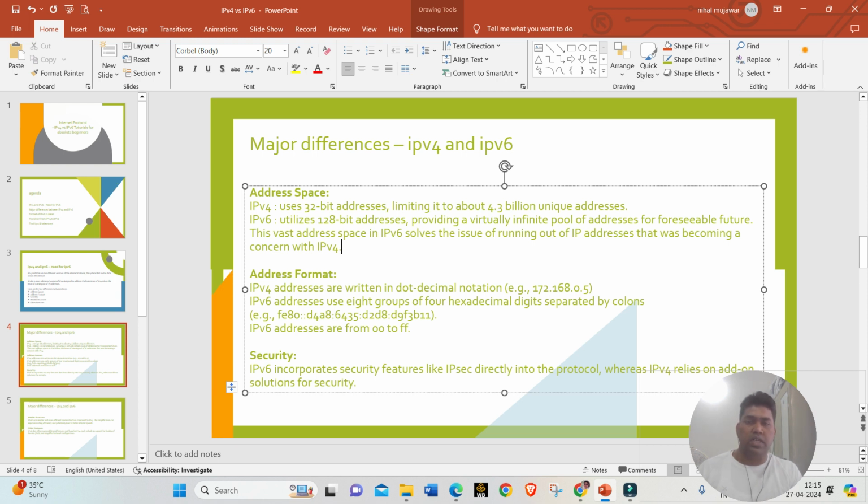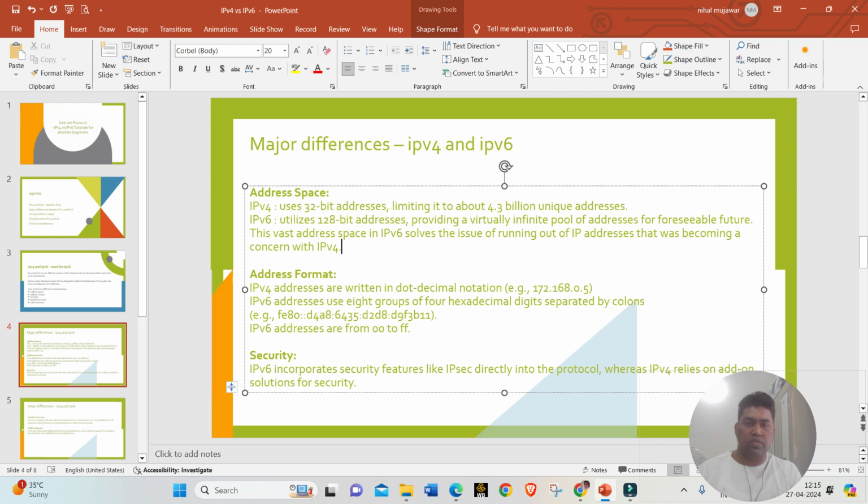Our devices inside the organization normally have private IP addresses. For a group of IP addresses, say 10 or 12 or 15, there will be one public IP address that is used for network address translation.